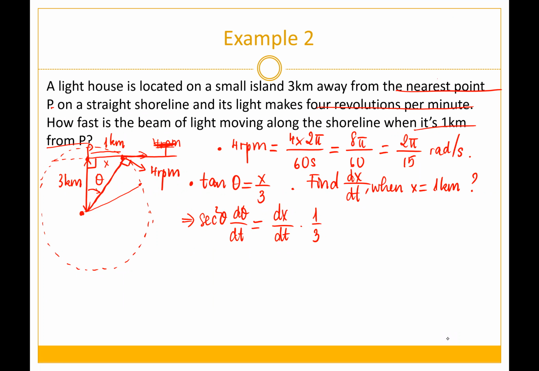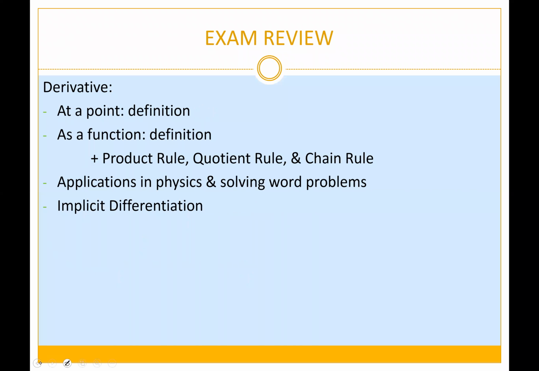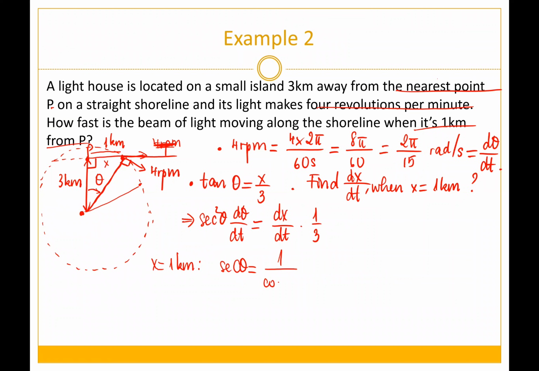Okay, so now we're gonna have d theta over dt, and this quantity means how fast the angle is changing. By doing that, at the point where x is equal to 1 kilometer, secant theta is gonna be 1 over cosine theta.